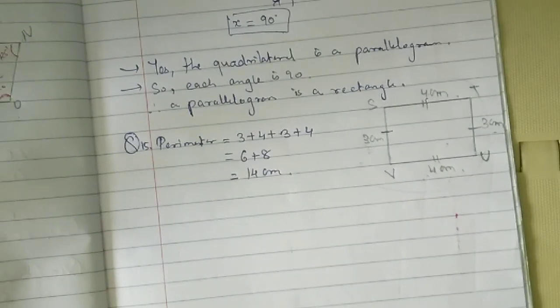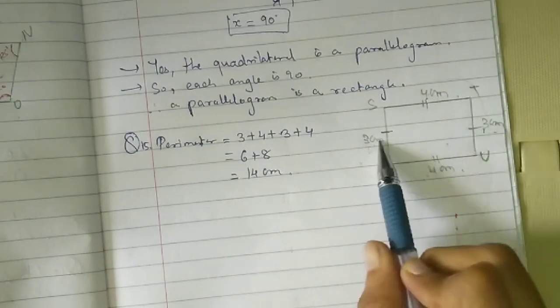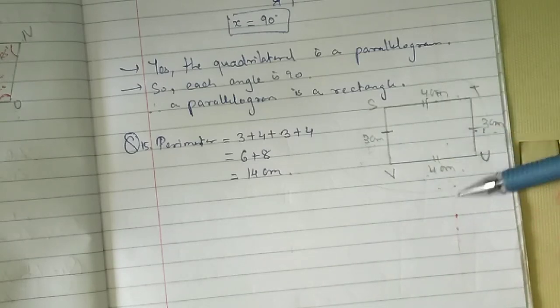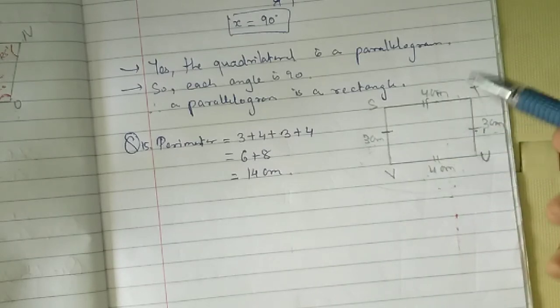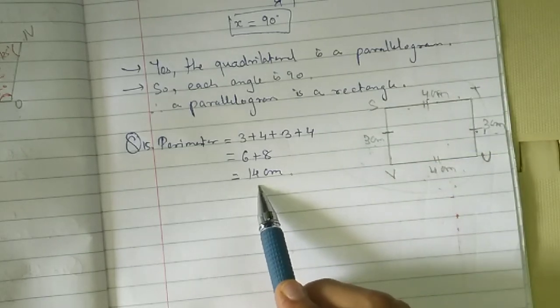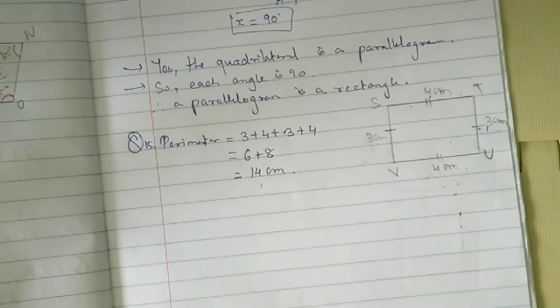An easy way: first write the opposite sides, which are equal in a parallelogram, then sum all the sides. The answer is 14 centimeter.